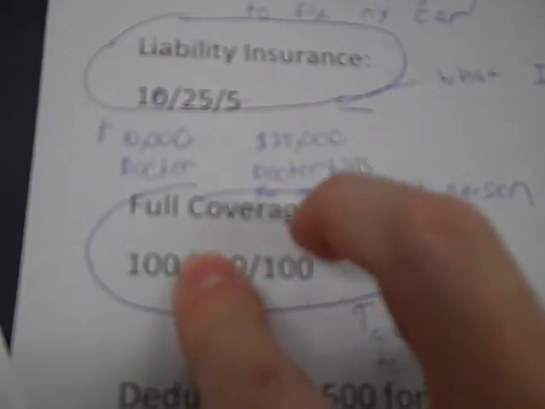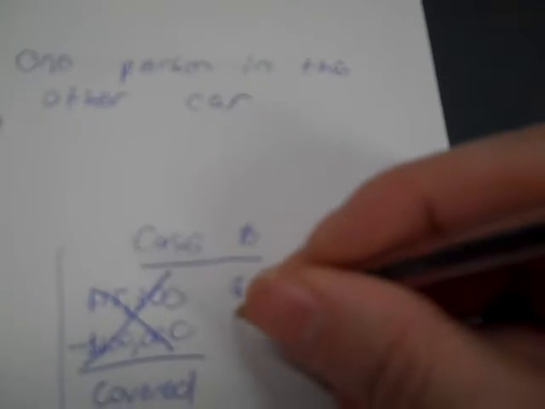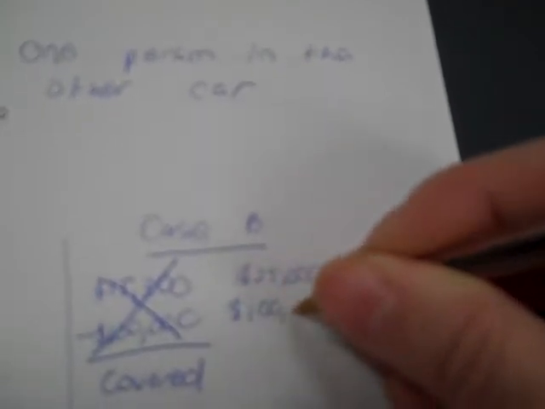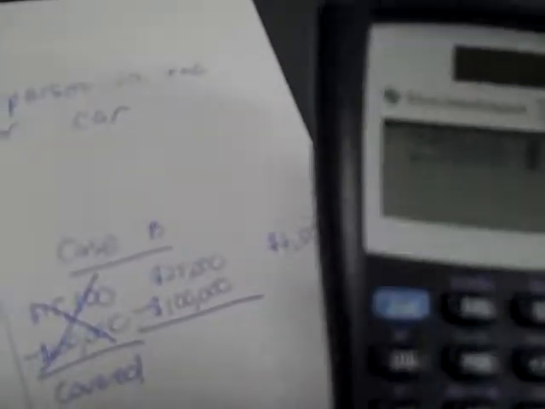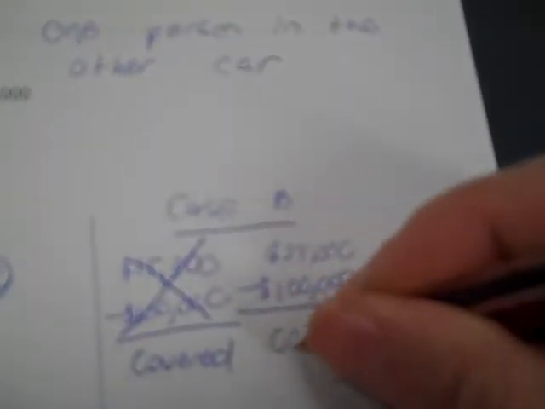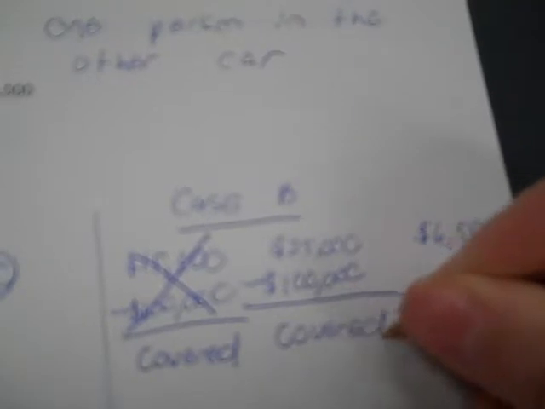Now the other guy's vehicle is this right here, the 100,000. I got a negative. Again, that means covered. There's nothing left to pay.